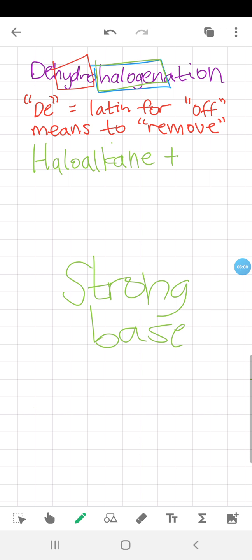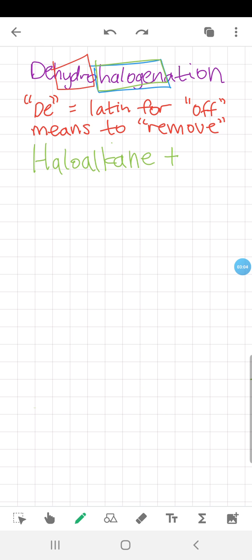Now, some of the strongest bases contain an OH group. OH means a hydrogen bonded to an oxygen. So that's how you know you're going to use sodium hydroxide. Now, how I remember it is if someone really strong pushed me or shoved me really suddenly, I would say, oh.